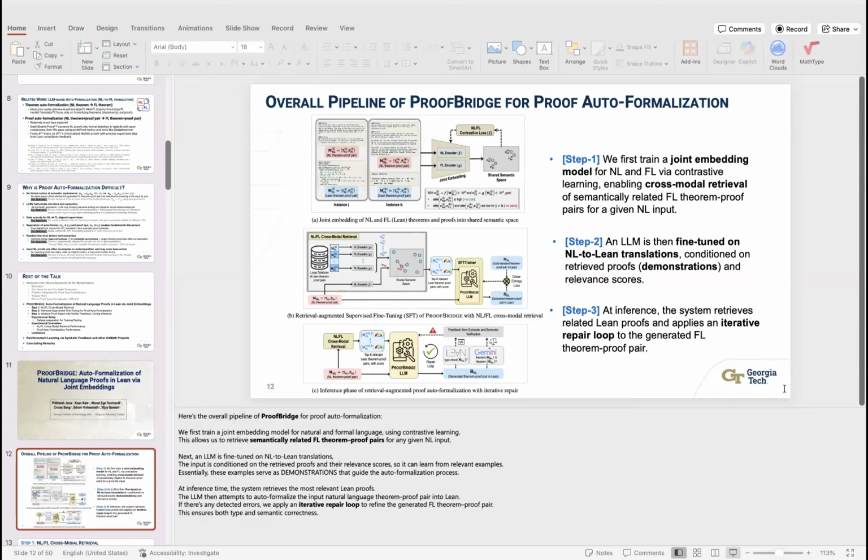It is a form of few-shot learning, except now the machine is doing it in a way that uses a joint embedding. In few-shot learning, you give examples. So the question is, how can I make my examples relevant to the task at hand? So that's why we are using the joint embedding. Does that answer it? Yeah. Awesome.